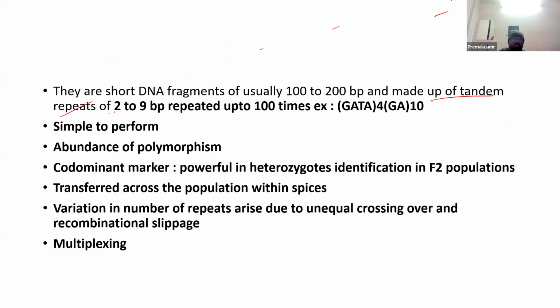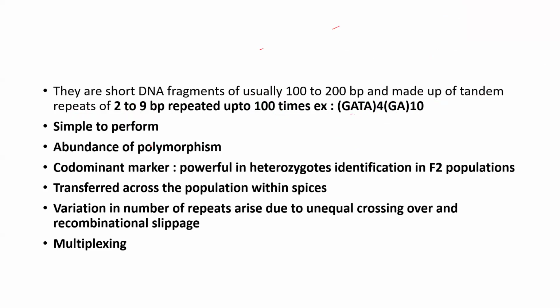Here you can see an example: GATA repeated 4 times and GA repeated 10 times. The same sequence repeated 4 times here, and the same GA repeated 10 times here. That means there are 2 SSR sites. Did you understand what SSR is? Not the marker, at least you understood what simple sequence repeats are.